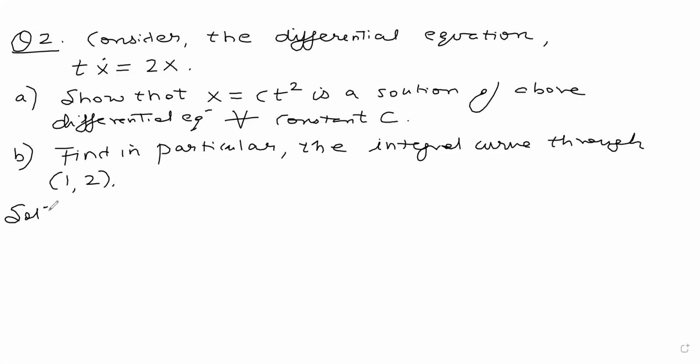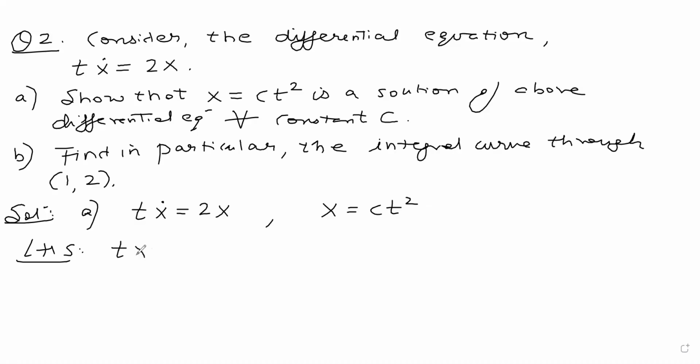Okay, so again, let's solve this question. We are given the differential equation. Let's first solve part A. My differential equation is t x dot equal to 2x, where x dot is dx by dt. And I need to show that x equal to ct square is the solution of this differential equation. Let us start with the left hand side. What is the left hand side? t x dot.